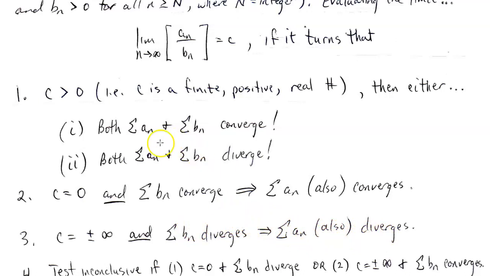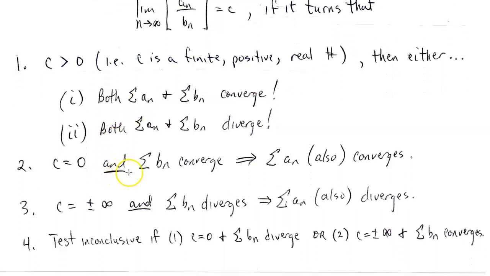And remember, the series with a sub n was the original one that we had before we started doing the comparison test, and b sub n is the one that we made up to compare it.